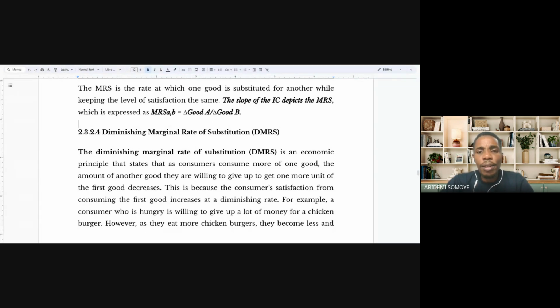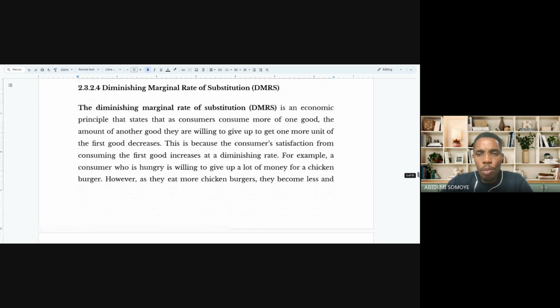The diminishing marginal rate of substitution is an economic principle that states that as consumers consume more of one good, the amount of another good they are willing to give up to get one more unit of that first good decreases. This is because the consumer's satisfaction from consuming the first good increases at a diminishing rate. So initially it increases, but decreases over time.